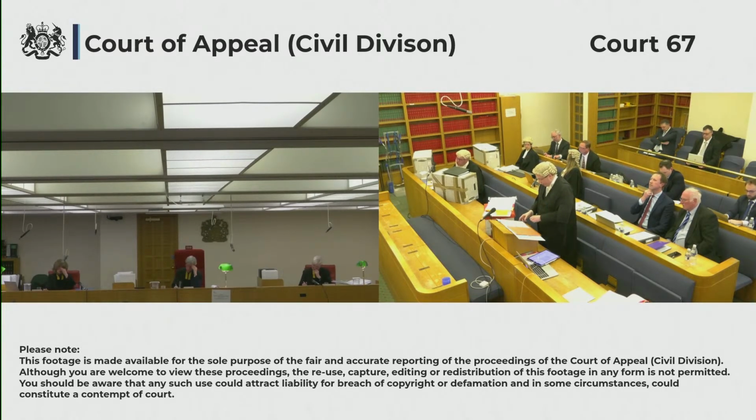My position is an effective remedy must be one that is foreseeable at the time. That's the result of the principles that underpin the cases which I showed the court in opening. I say this is what you get out of legal certainty and effective legal protection.